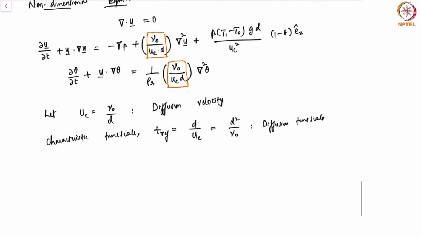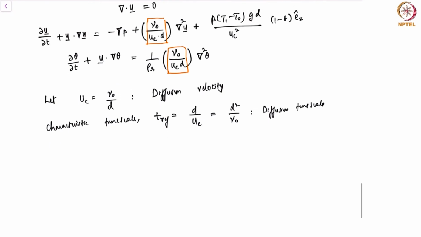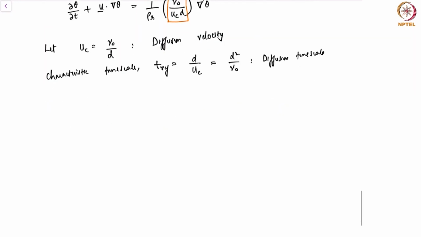So that's what we have. And finally we have one more interesting parameter, which is if we substitute the expression for uc into the term that I'm highlighting, this term in the green box basically becomes another non-dimensional number.